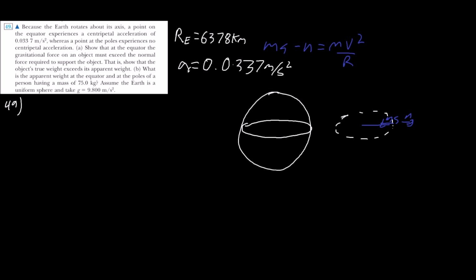It's exactly as the problem states. Show that at the equator the gravitational force on an object must exceed the normal force required for the object.